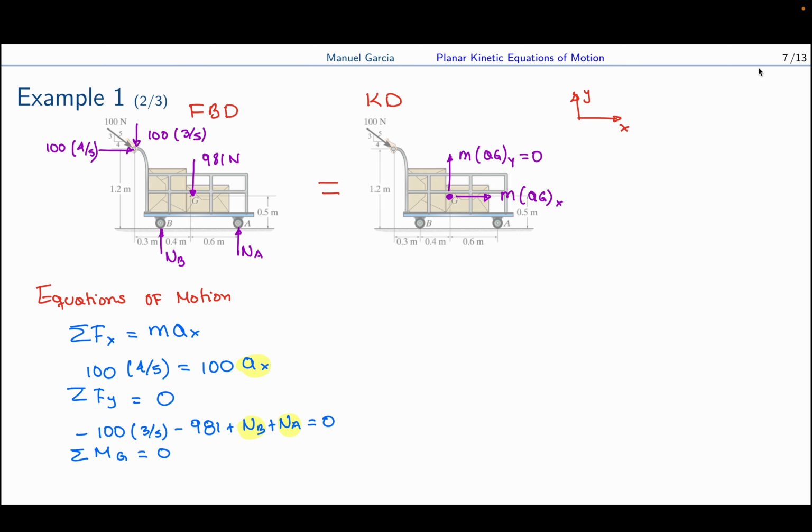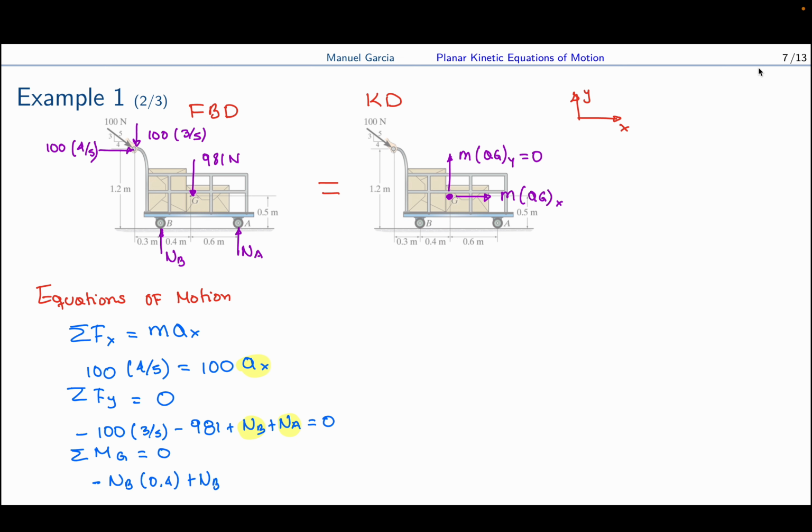So then we have minus NB multiplied by the distance, which is 0.4. The moment produced by NA is positive in this case, multiplied by that distance, which is 0.6.